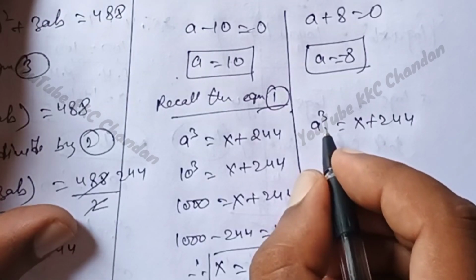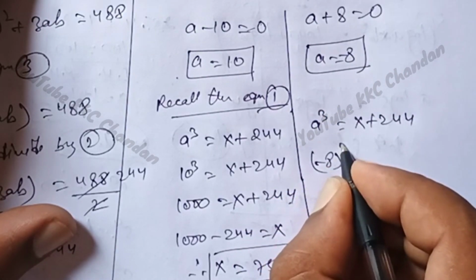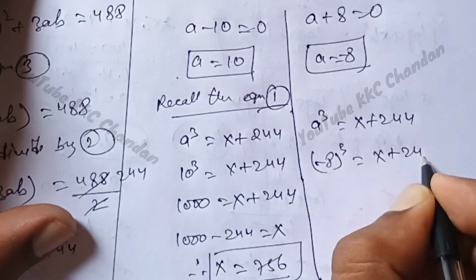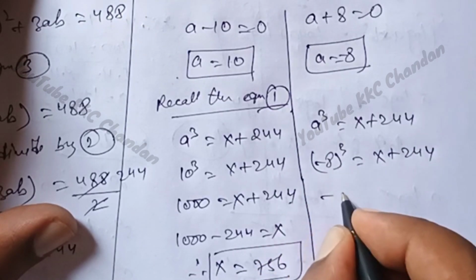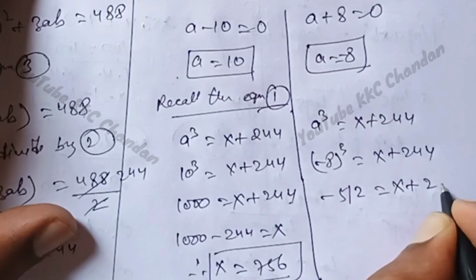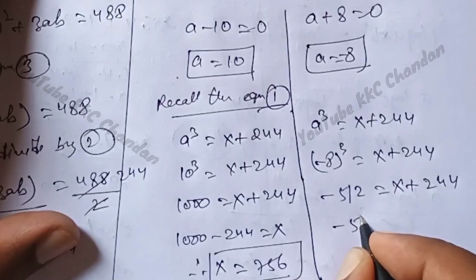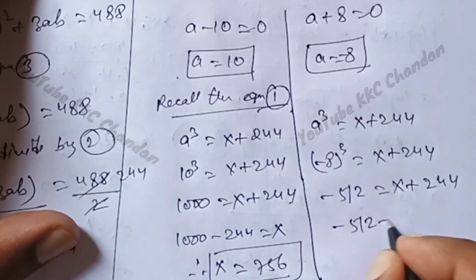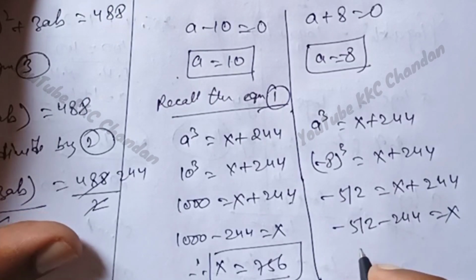In the next step, in place of A cube put minus 8 cube is equal to x plus 244. This value is how much? Minus 512 is equal to x plus 244. This comes this side: minus 512 and this minus 244 is equal to x.